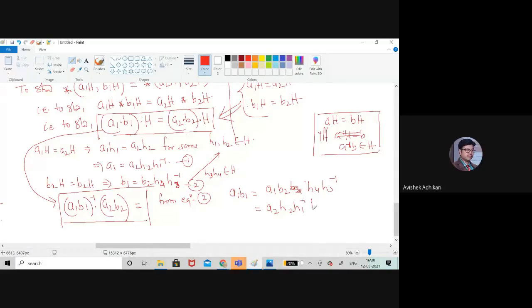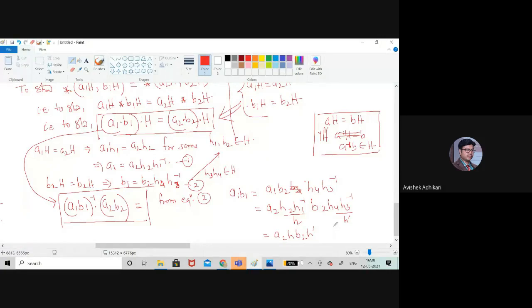And then B2 h4 h3 inverse. This is an element of H, so I can put it simply as H here, and maybe here some h dash. So that will be h2 h B2 h dash inverse and h dash. Okay, yeah.